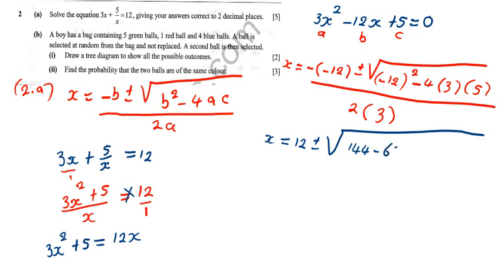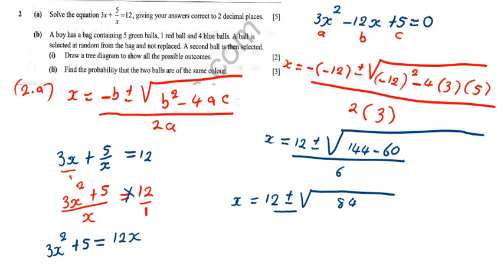Over 2 times 3, it is 6. So x is equal to 12 positive or negative square root of 144 minus 60, we are getting 84, over 6.